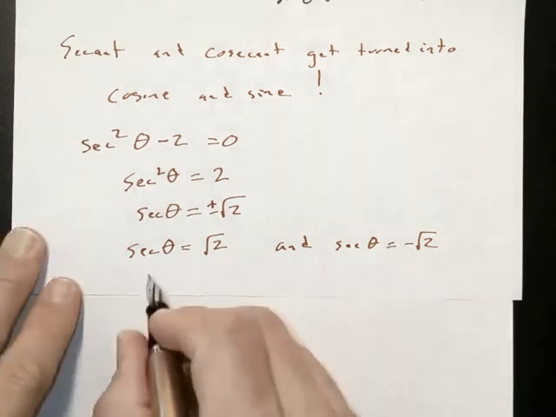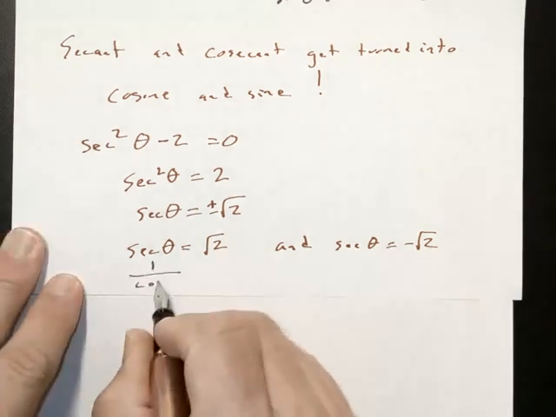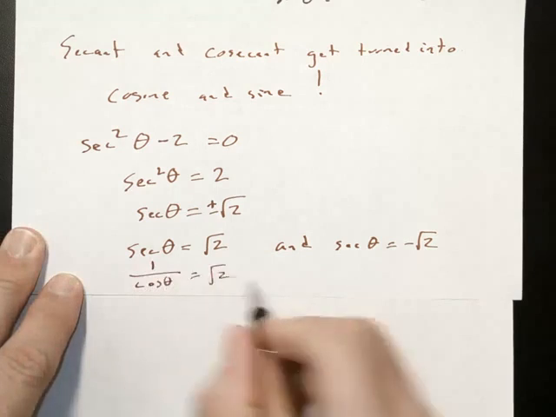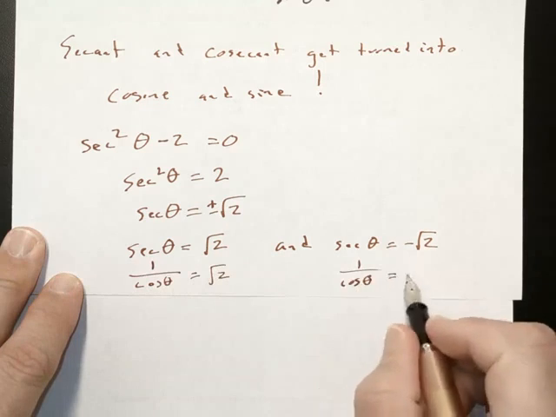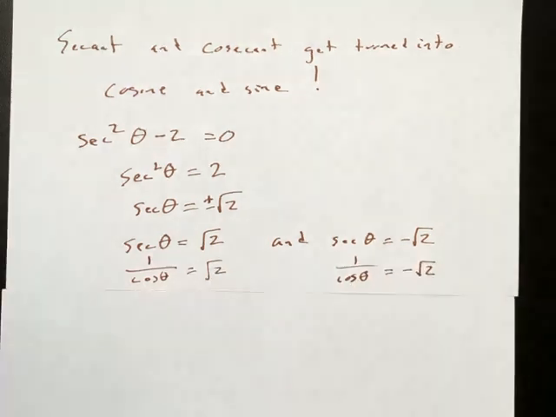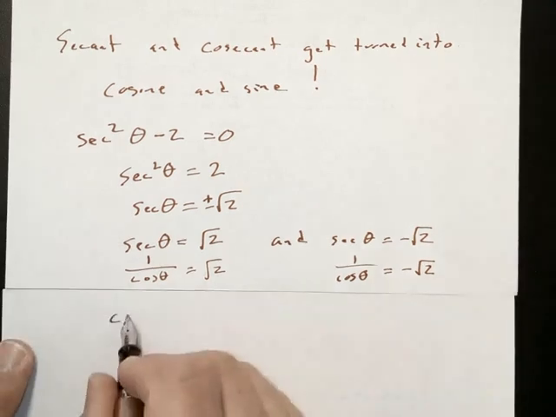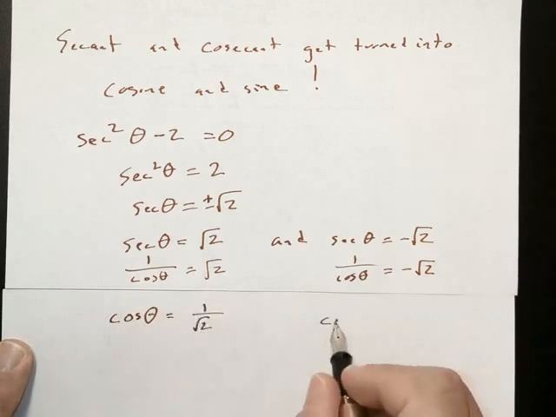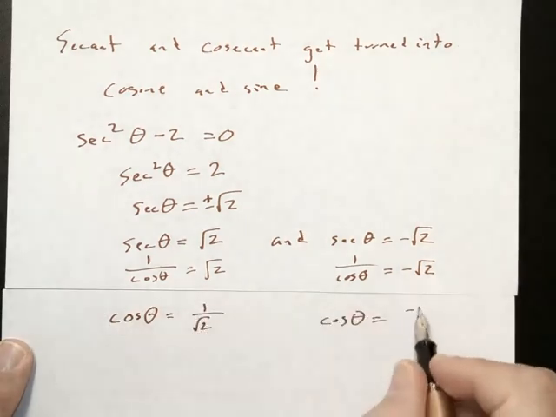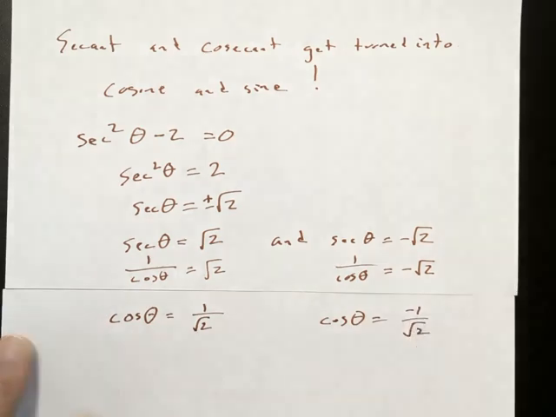I have to remember that 1 over. Because I want to get the cosine all alone, which means I need to flip both sides of this equation. And that makes cosine equal to 1 over root 2 and negative 1 over root 2.